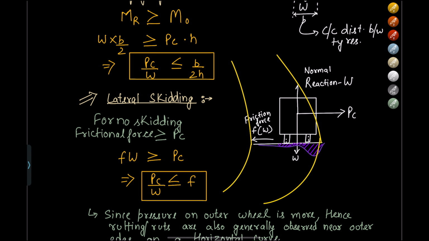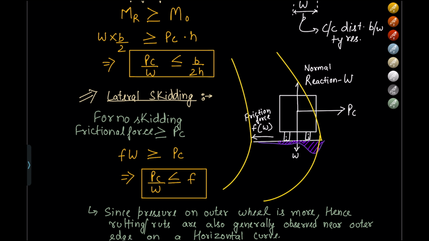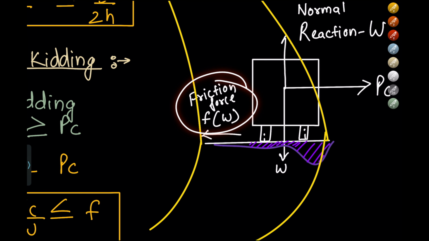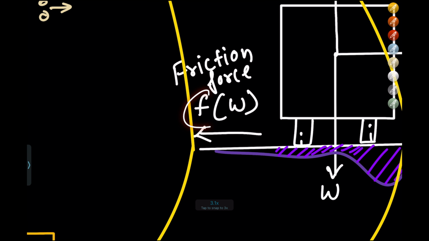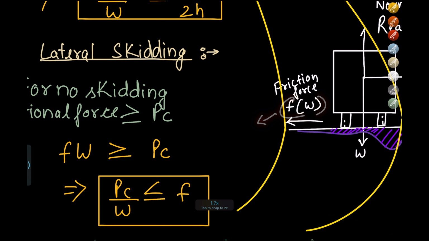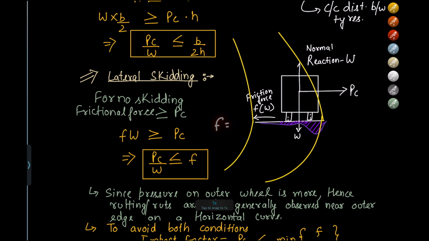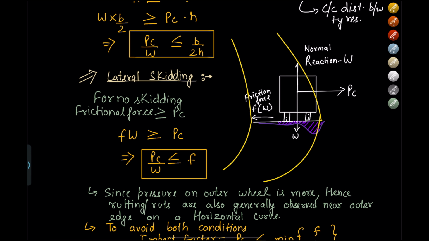The vehicle is on a curve and it is trying to laterally skid outwards, but we need to resist it using the friction of the tires. So how will we do that? For no skidding, the frictional force should be greater than or equal to PC. PC is the force causing the vehicle to laterally skid outwards, and the frictional force would be F into W, where F is the frictional coefficient between tire and the road.